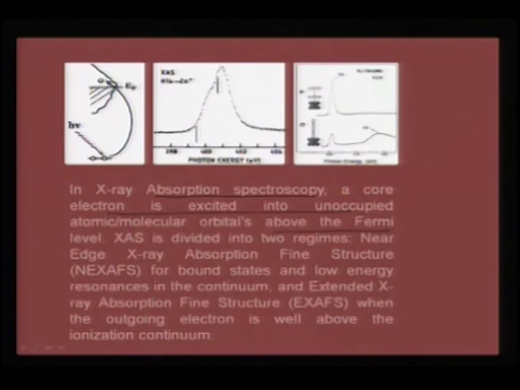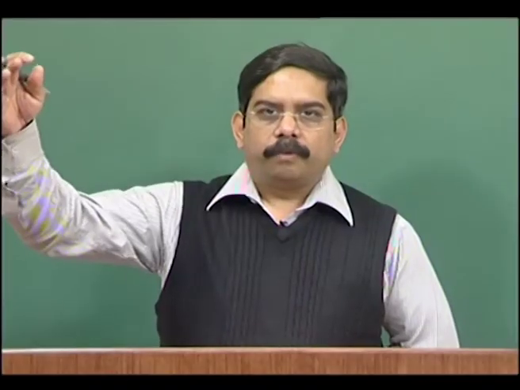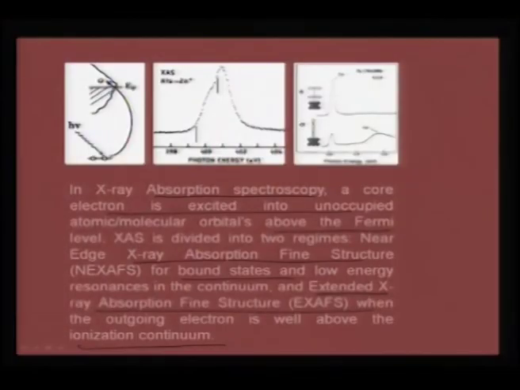One we can call X-ray absorption fine structure, or extended X-ray absorption fine structure, when the outgoing electron is well above the ionization continuum. But if it is somewhere in the bound states, for example, a 2p going to 3d level or 2p to 4d level, then we talk about bound states and low energy resonances in the continuum. So, either of these can happen.